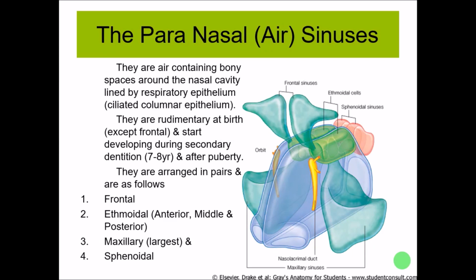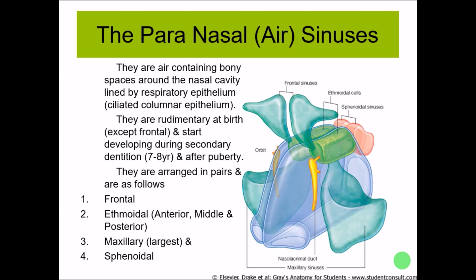Now let's study the paranasal air sinuses. They are air containing bony spaces around the nasal cavity lined by respiratory epithelium. That's why they are called paranasal air sinuses: para, beside the nasal cavity, and they are air sinuses because they contain air.